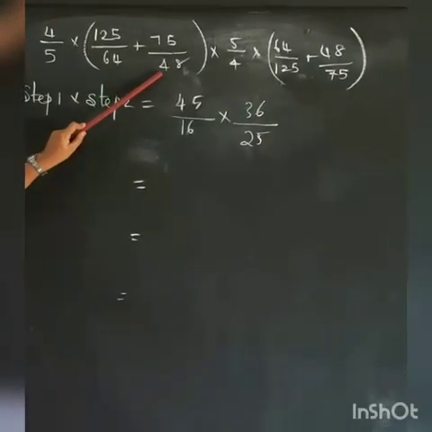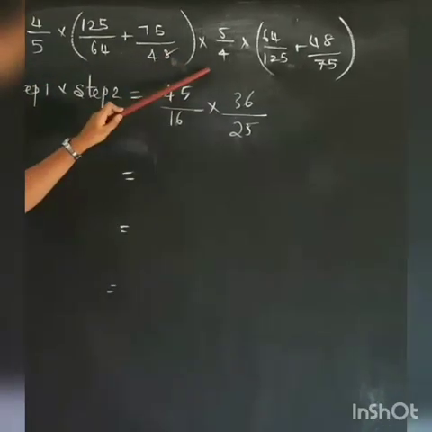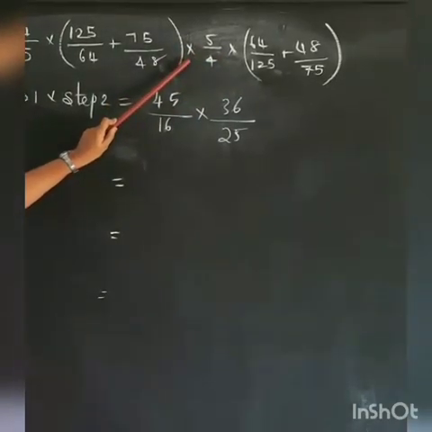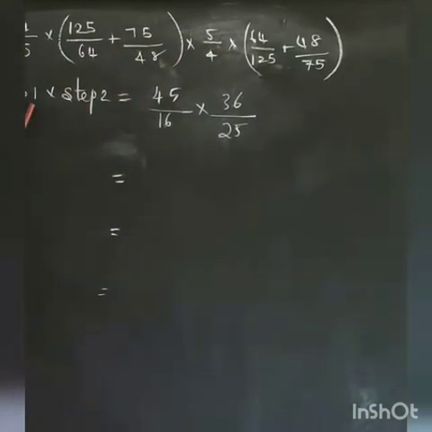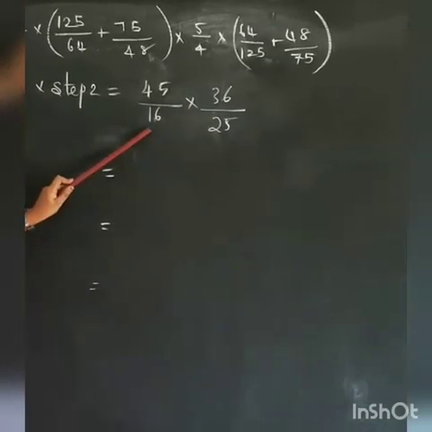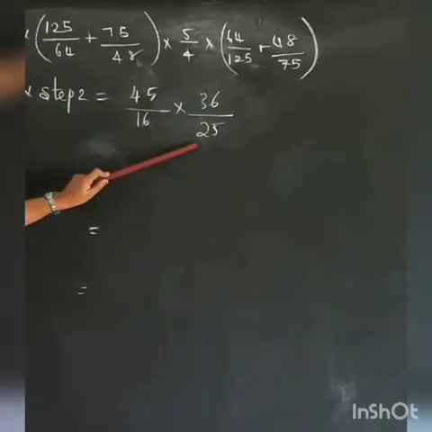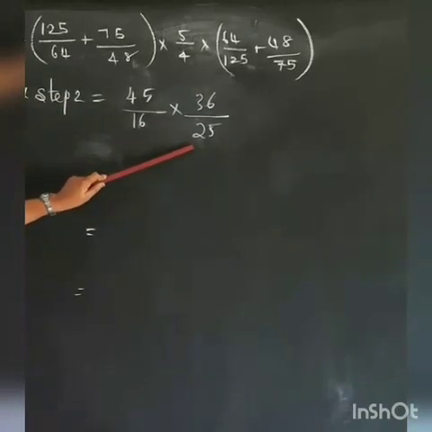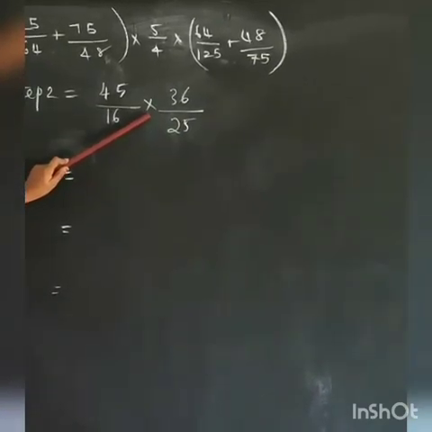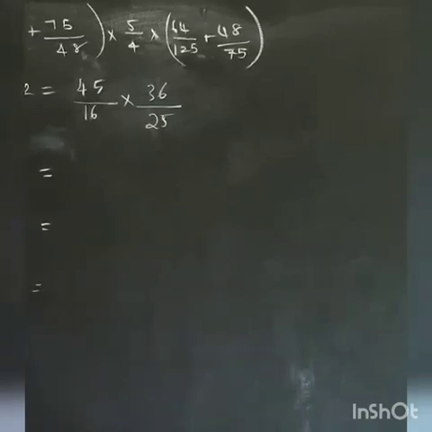For the quotient here, up to this we simplified step number 1, and then step number 2. What is the symbol here? Multiplication. So step number 1 into step number 2. The simplified answer for step number 1 is 45 by 16 into step number 2 simplification answer is 36 by 25. Since you have multiplication symbol, if it is possible we can cancel the numerator and the denominator.